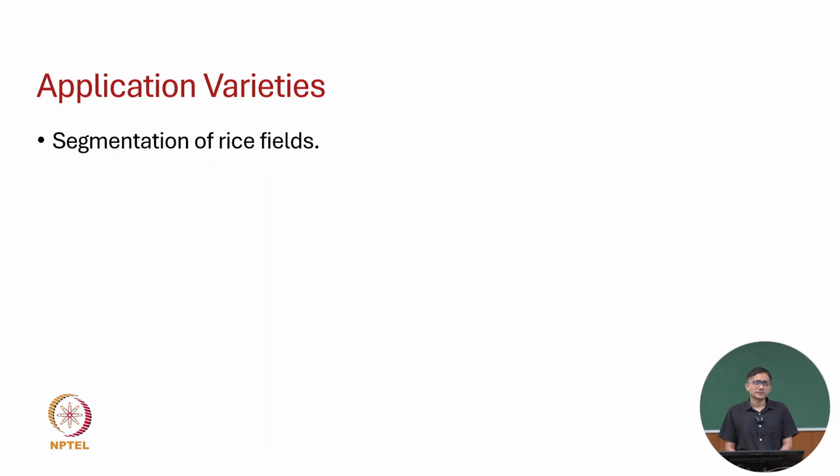And think about a simple problem of, let's say, a particular rural area where there are rice fields, but there are also other kinds of crops that are cultivated. And for some reason, you want the segmentation of the rice fields.